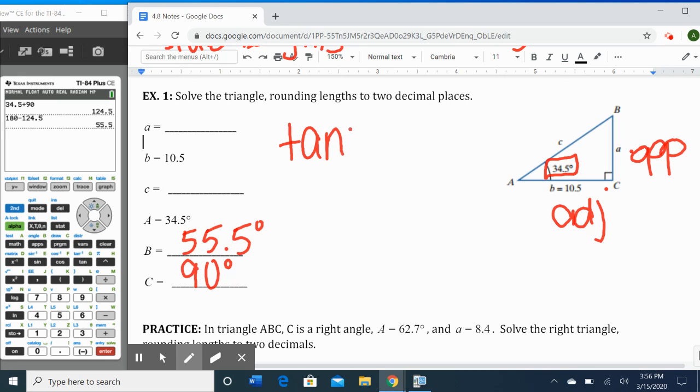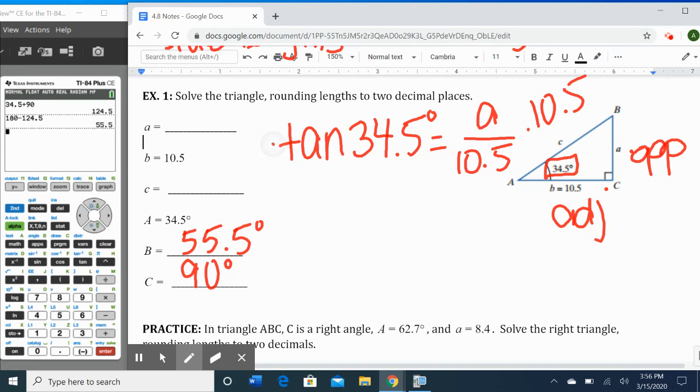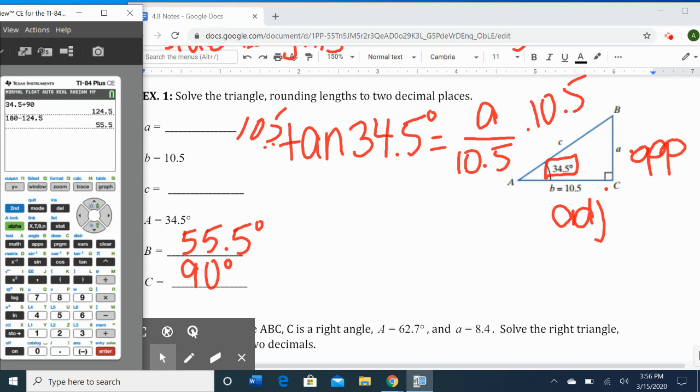So I can set up the tangent of 34.5 degrees is equal to opposite, which is A, over adjacent, which is 10.5. And if I want to solve for A, then that requires me to multiply both sides by 10.5. So when I take 10.5 times the tangent of 34.5, I'm going to get the answer.